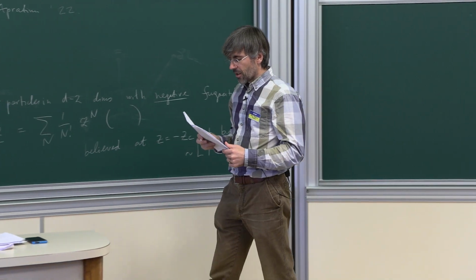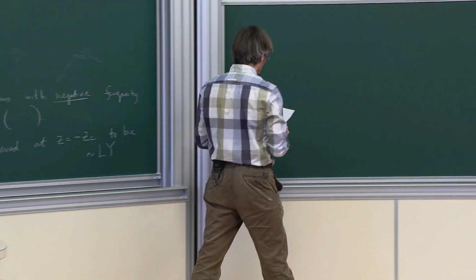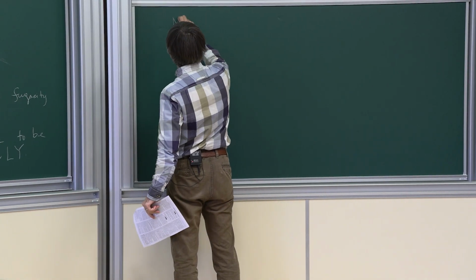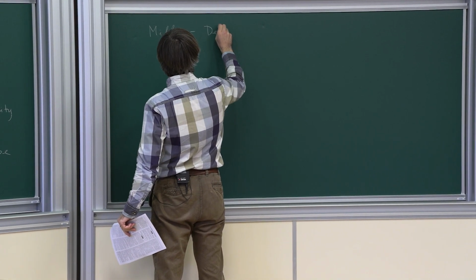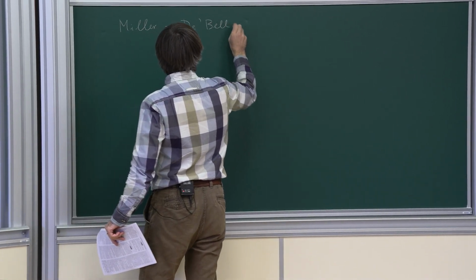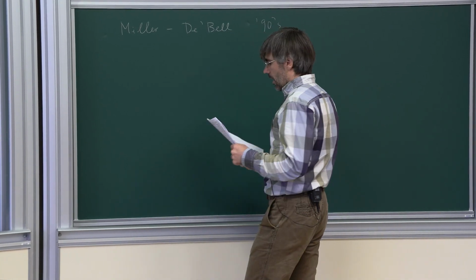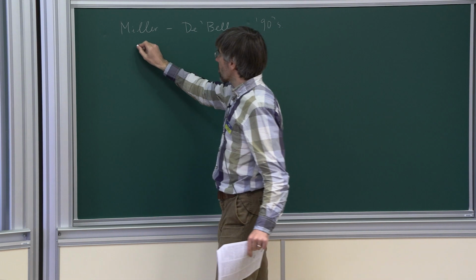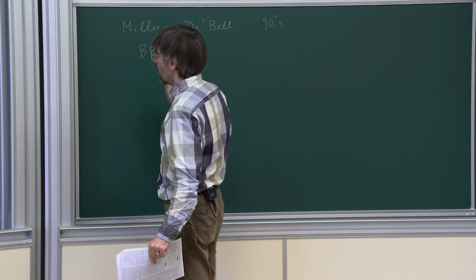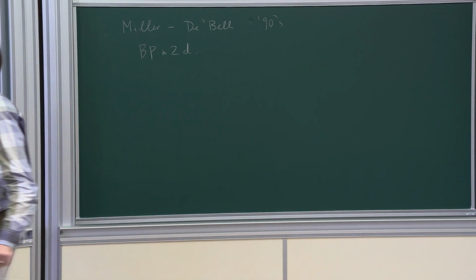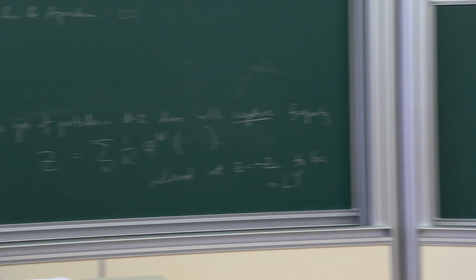There is a paper by Miller and De Bell, I think sometime in the 90s. They studied branched polymers in 2D. It's a two-dimensional theory.